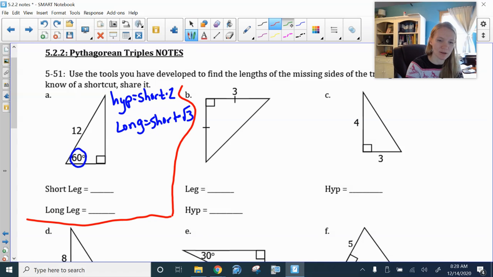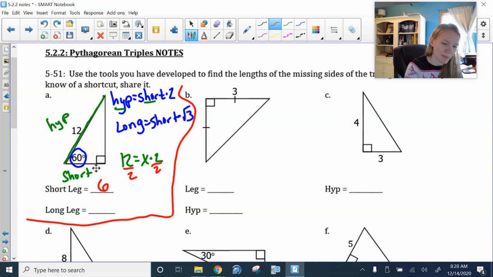So if we look at our triangle here, we can see the 12 is the hypotenuse. And if we are looking for the short leg, we know that the hypotenuse equals the short leg times 2. So 12 equals, I'll just call it x, times 2. I can divide by 2, so I know the short leg must be 6.